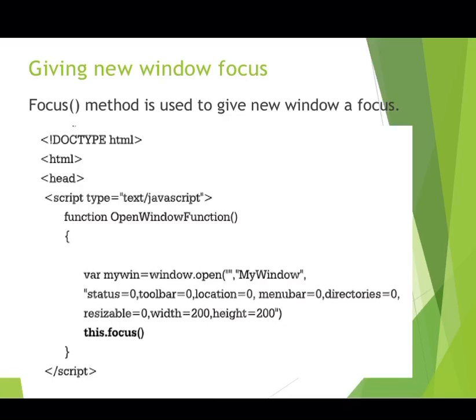And here we are specifying the width and height of the window as 200 and 200, and other styles we are keeping as 0, meaning we are not specifying any status bar, toolbar or location. Okay, this.focus will give focus to the new window. Then close the curly bracket and close the script tag.